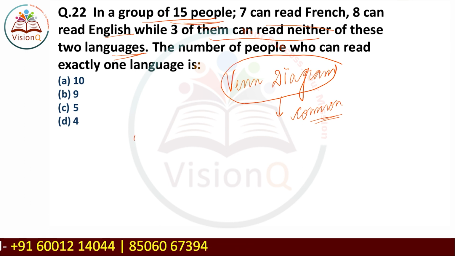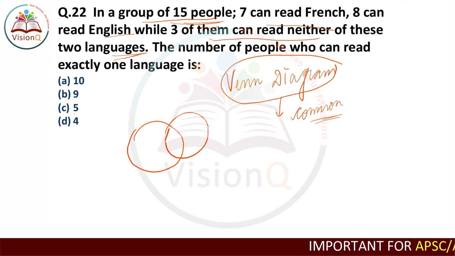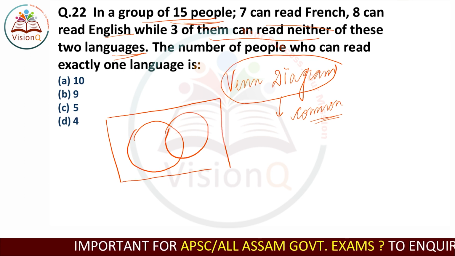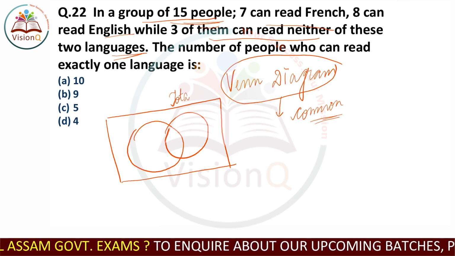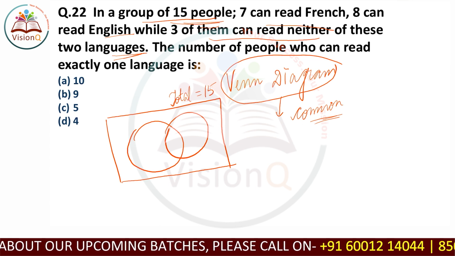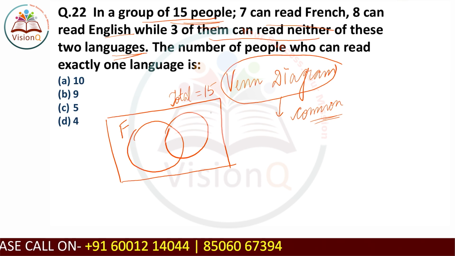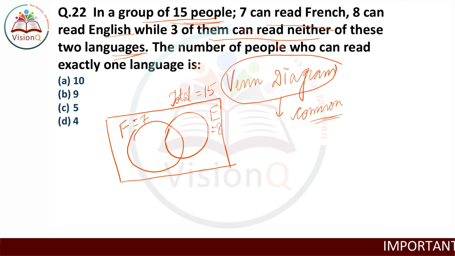The first circle represents those people who can read French, and the second circle represents those people who read English. The total number of people has to be written above. So the total number of people in this question is 15. The group has 15 people. 7 people read French and 8 people read English.